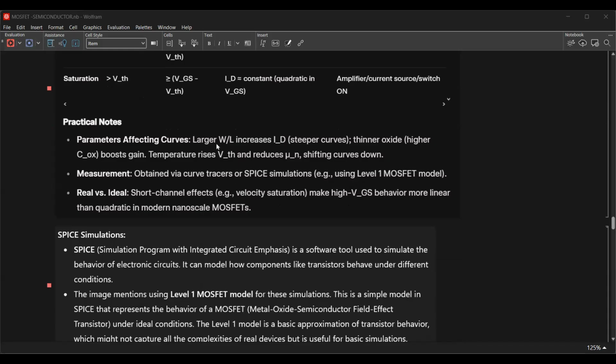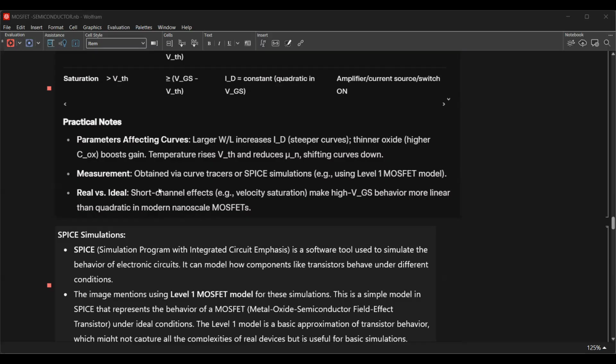Parameters affecting the curves: larger W over L increases drain current, giving steeper curves. Thinner oxide, or higher oxide capacitance, boosts gain. As temperature rises, the threshold voltage rises, but it reduces the electron mobility, shifting curves down.